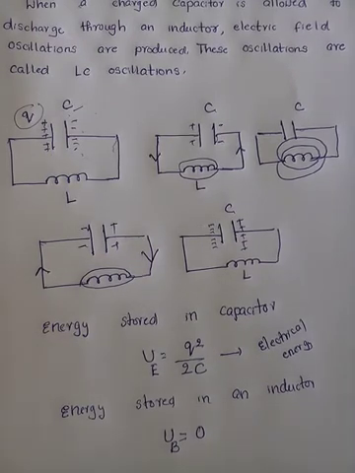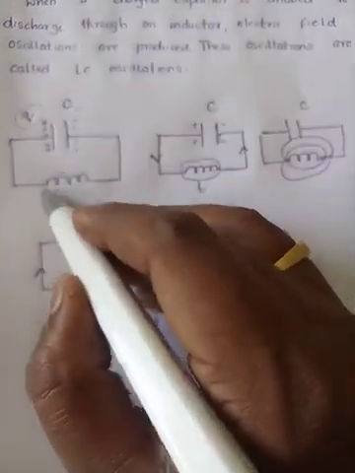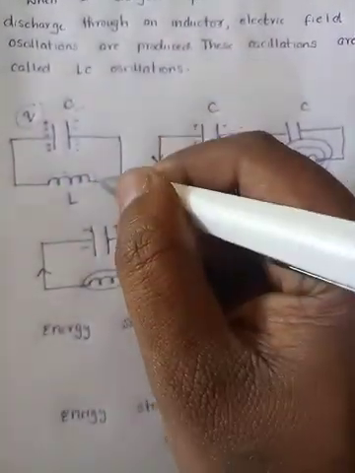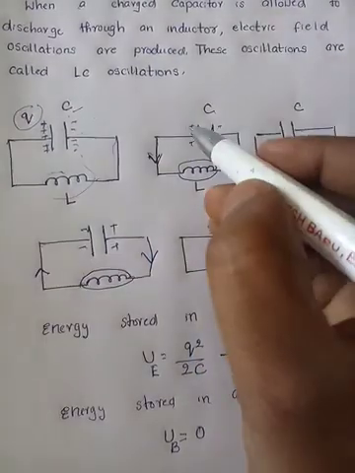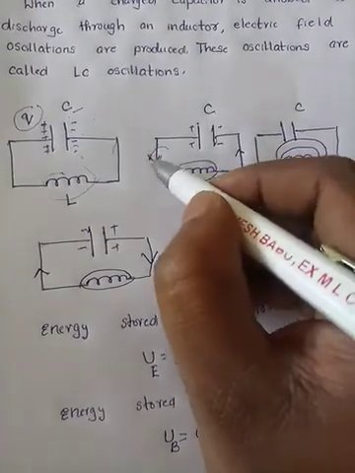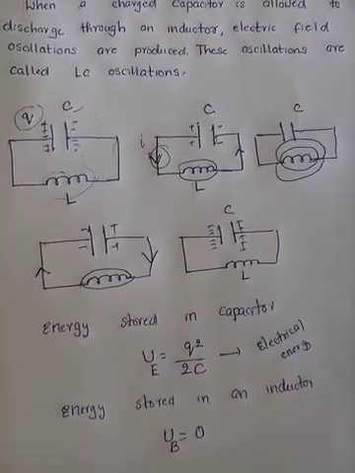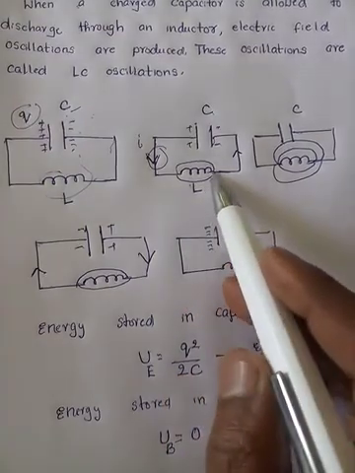This change of current causes a change of magnetic flux, and the change of magnetic flux induces EMF. So the current slowly varying induces EMF.